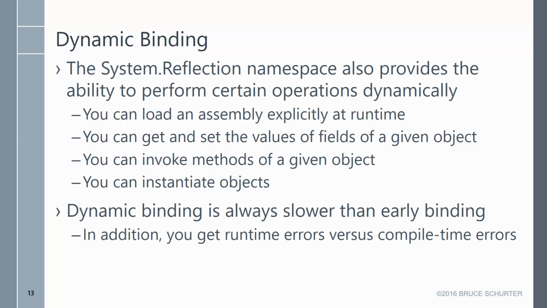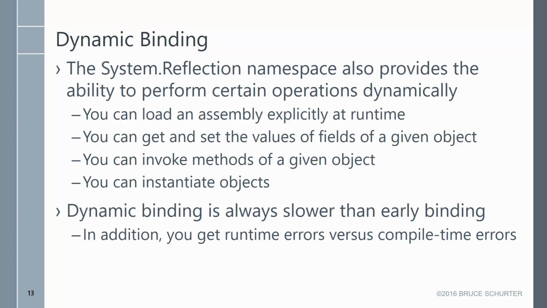Once it finds that given assembly, then it'll load the assembly manifest, and then you'll have a reference to that assembly in your application. From there, you can create types that are in that assembly. So you can actually find a type that's in there and call a constructor using the reflection techniques in the system.reflection namespace.